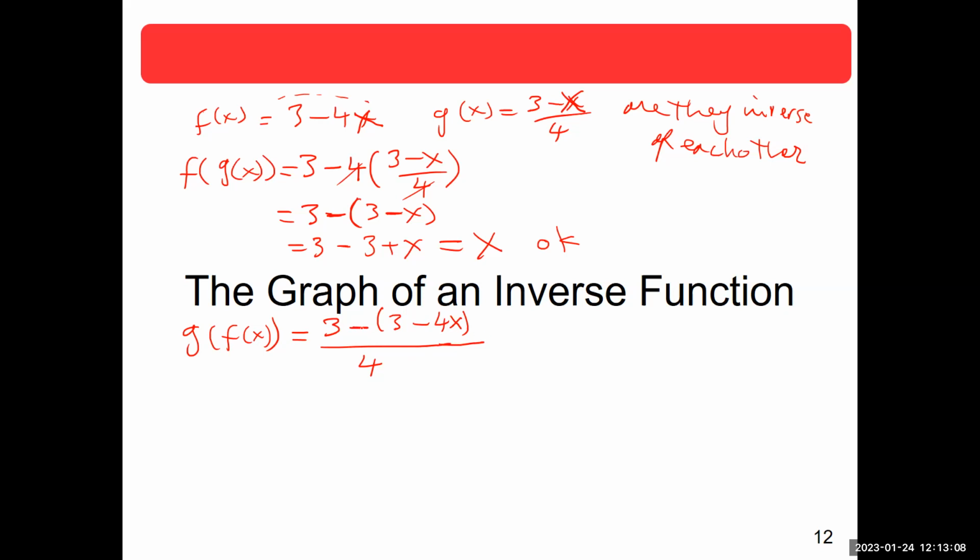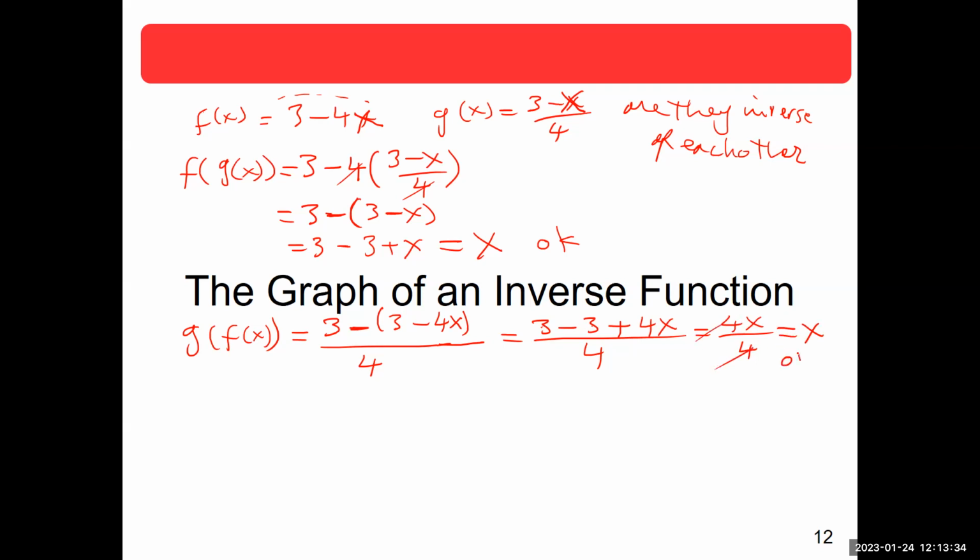We move the negative inside: 3 minus 3 plus 4x over 4. Well, 3 minus 3 is 0. Then we get 4x over 4, which is also equal to x by canceling the 4.